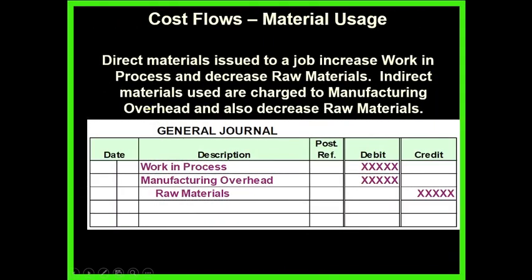Also from your T accounts, you can reconstruct this entry: debit to work in process, this one is for your direct materials, this one is for your indirect materials, coming from your raw materials.